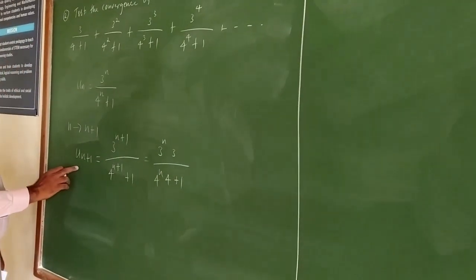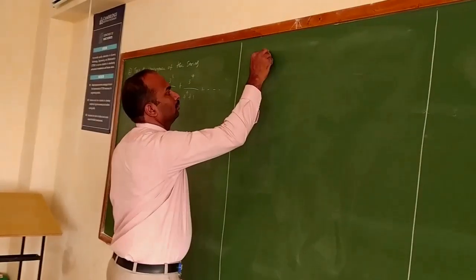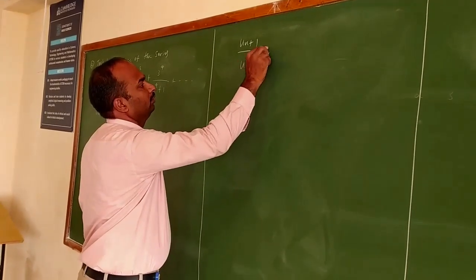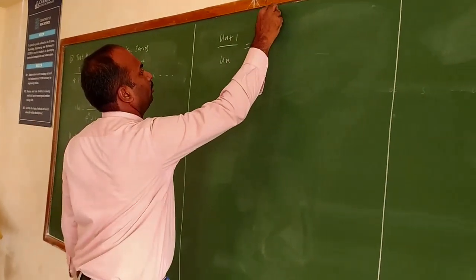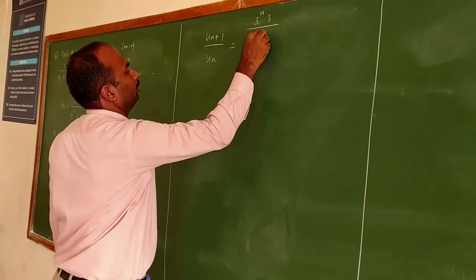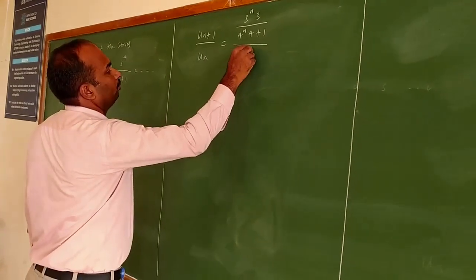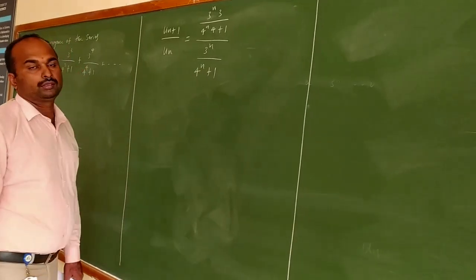Now you divide this un plus 1 by un. That is un plus 1 by un is equals to 3 to the power of n into 3 divided by 4 power n into 4 plus 1, divided by 3 to the power of n divided by 4 to the power of n plus 1.